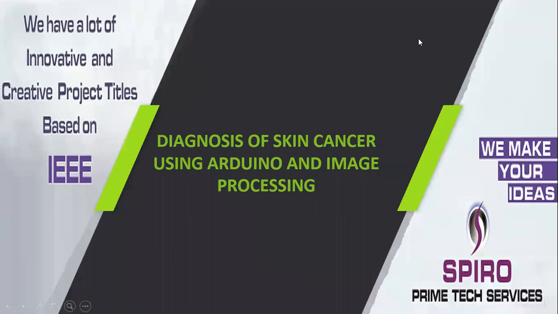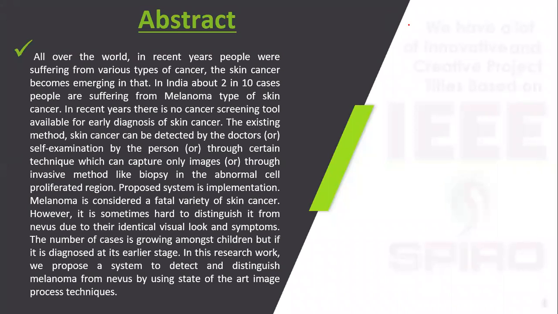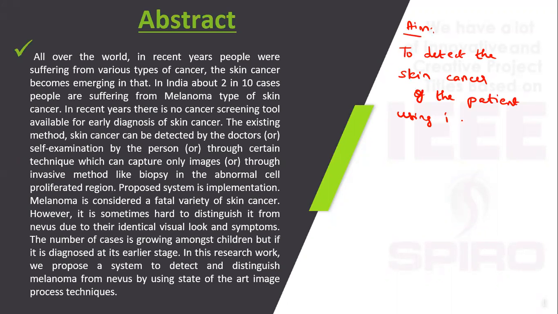Project code ITBIO02. Project title: Diagnosis of Skin Cancer using Arduino and Image Processing. The aim of our project is to detect the skin cancer of the patient using image processing.